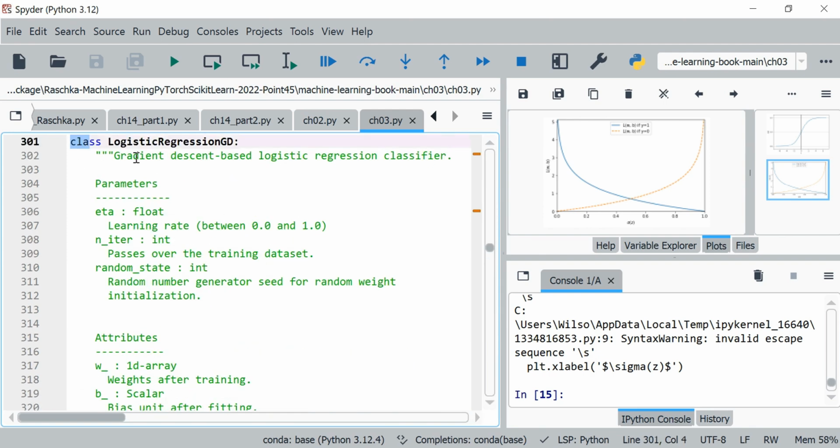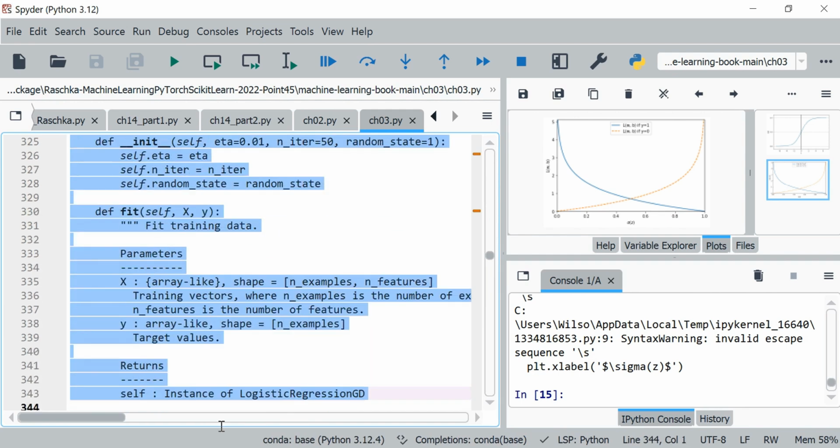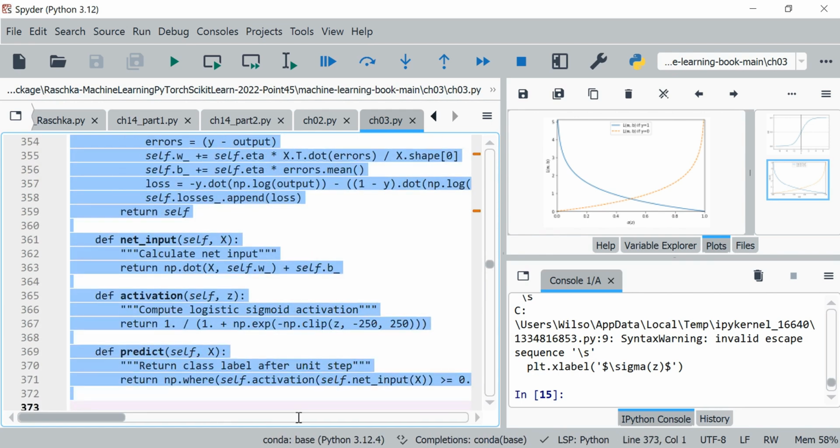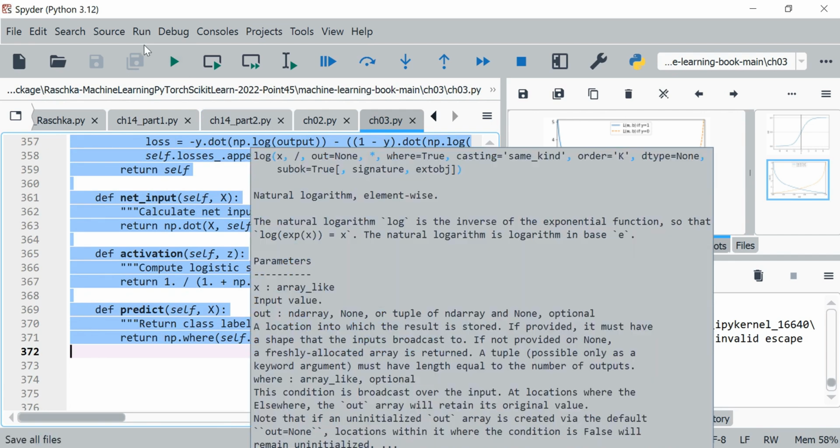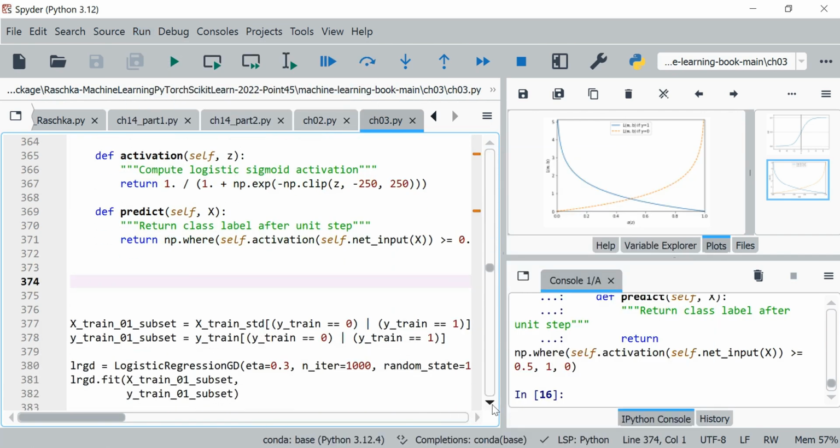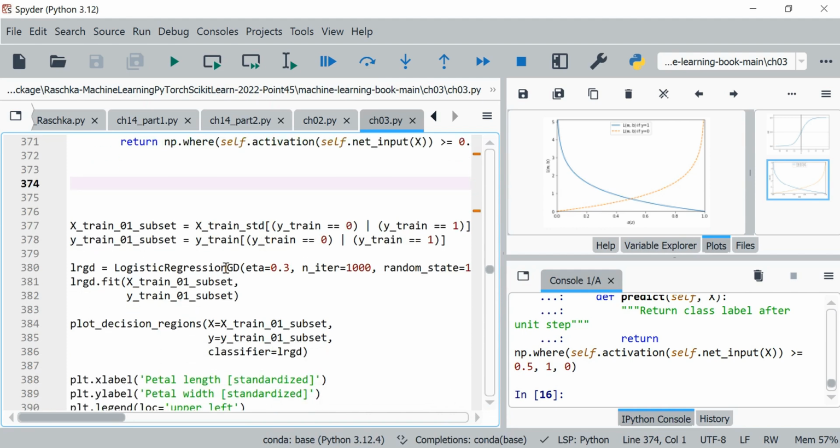So we just run this to create this class. Then we set X train, Y train for a subset, because logistic regression is only for 2 classes, and the Iris data set has 3 classes.